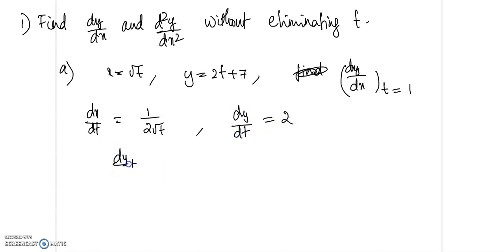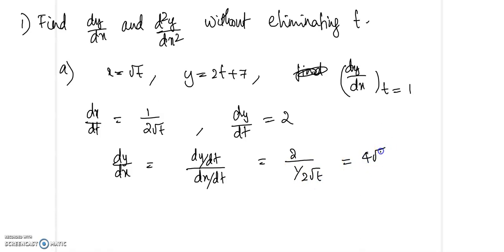So therefore dy by dx will be dy by dt by dx by dt, so that is going to be 2 by 1 by 2 root t, so that will be 4 root t. So therefore dy by dx at t equal to 1 is going to be equal to 4.